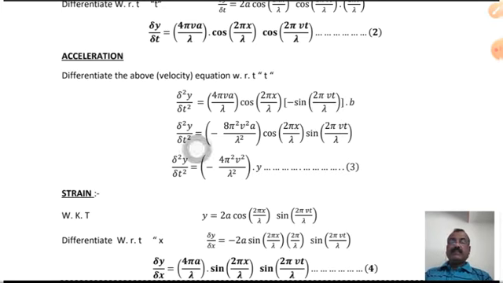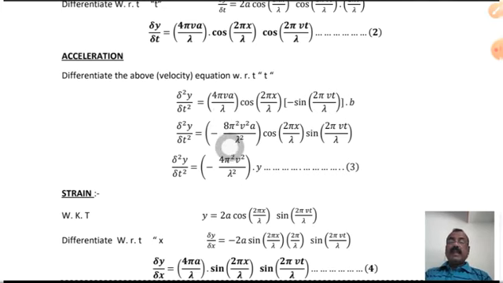Therefore, this equation is reduced to 8 pi squared v squared by lambda squared a. This 2 pi v by lambda can be multiplied with 4 pi v by lambda.